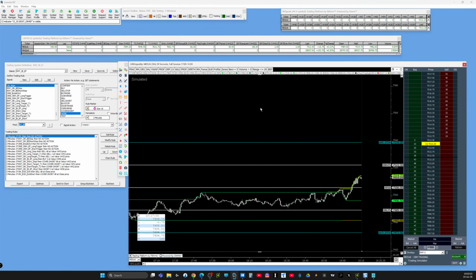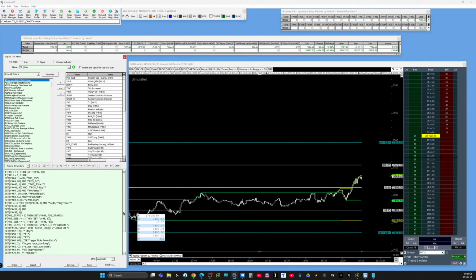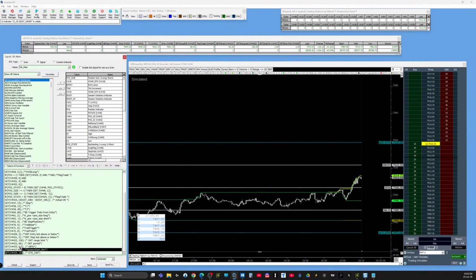Now, this is the Edgeful data, this was the IB. What I need to do now is change this to the correct one, which is 130. Okie dokie.